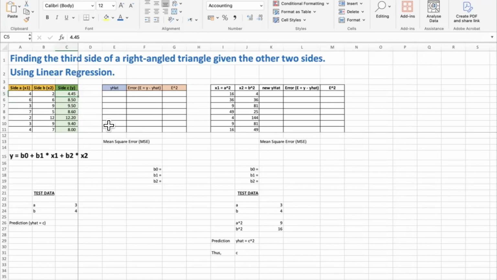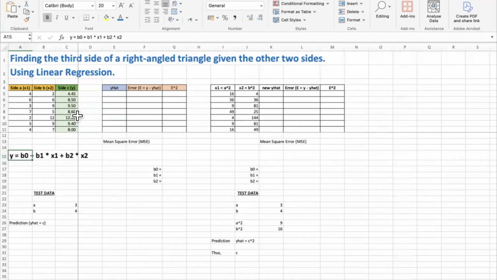Now we will form a linear regression model. So the model will look like this, where we will have y is equal to b0 plus b1 into x1, where x1 is the side A, plus b2 into x2, where x2 is the side B. And y will be the prediction what we will make. So y is the side C. We'll ask the machine to calculate the side C given A and B are provided.